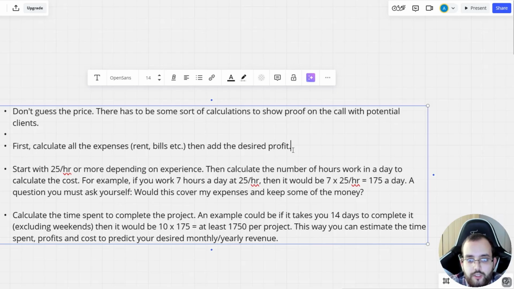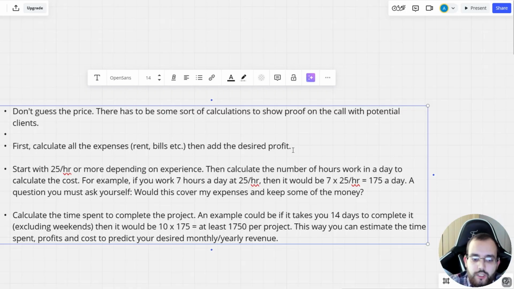So let's say your expenses are, I don't know, £1,000 a month. Then you want to add a number that is higher than £1,000, and that would be your profit. So let's say you want to make £2,000 a month, for example. So that £1,000 would be your profit. Okay, so I hope that this makes sense so far.